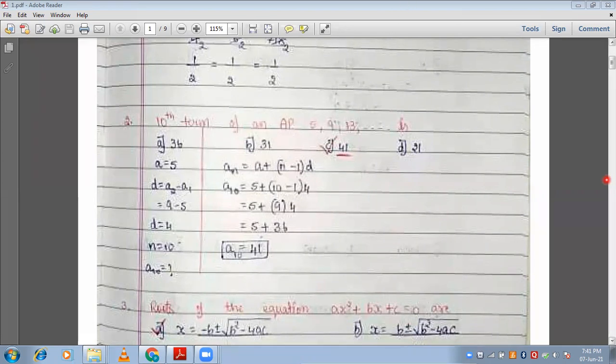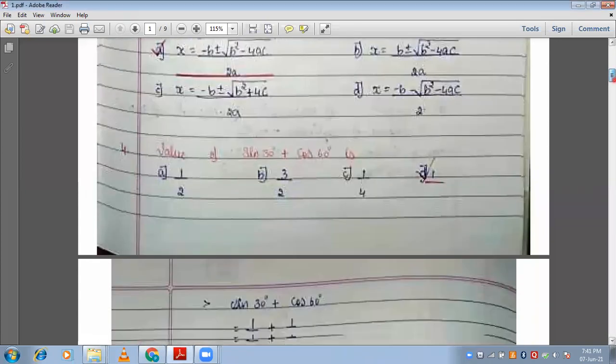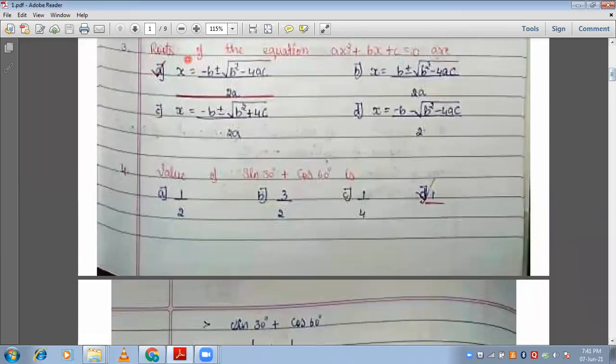Next question. Roots of the equation ax square plus bx plus c is equal to 0 are dash. So what's the formula? x is equal to minus b plus or minus square root of b square minus 4ac, divided by 2a. So the first option is right.